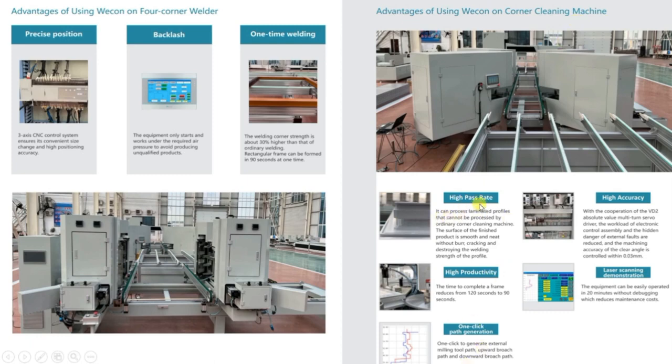First of all, there is high productivity, high accuracy, and as I have told you, there is laser scanning demonstration, means in which path the machine is moving, that path you can see on the screen also. And there is one-click path generation, means whenever there is any new pattern, that can be easily made just by giving this pattern to HMI, drawn from HMI.